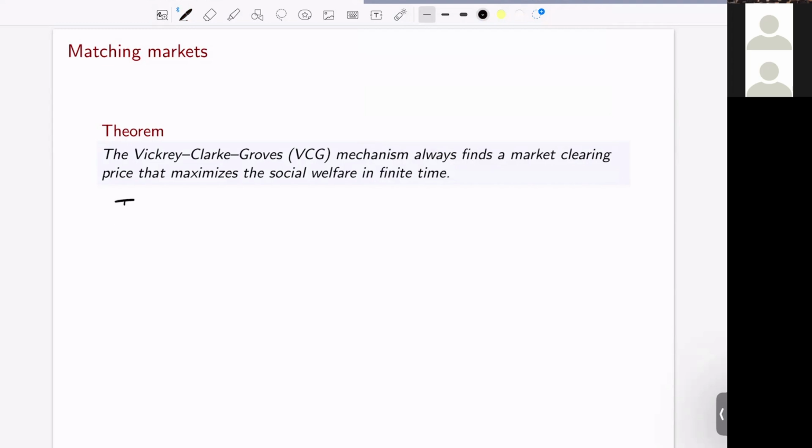denote. So let I denote the set of sellers, and J denote the buyers. Okay. And I'm going to define the notion of potential.